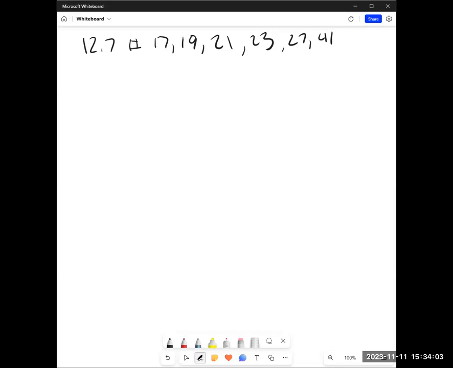First problem is 6x squared minus 13x plus 2 divided by x minus 3. So we're going to have x minus 3 as our divisor, and 6x squared minus 13x plus 2 is our dividend.